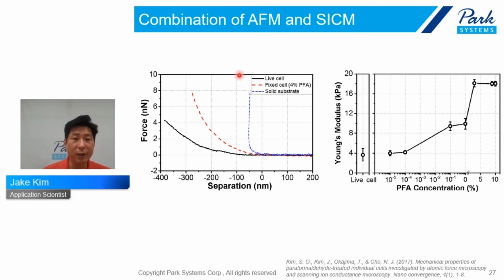Clearly, the fixed cell shows a much steeper force curve slope. The red one is the fixed cell, and the black one is the live cell. This slope shows the fixed cell is harder than the live cell.